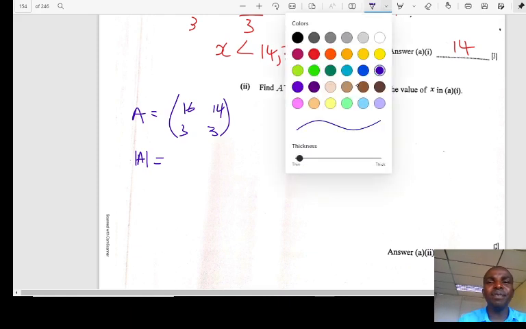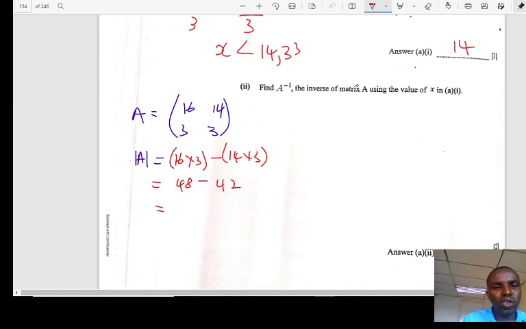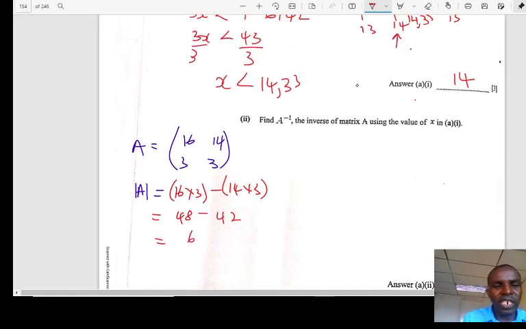So 16 by 3 minus 14 by 3. What do you get? 16 by 3 is what? 48. Minus 14 by 3, what do you get? 42. So you get 6. So the determinant is actually 6 in this case, right?